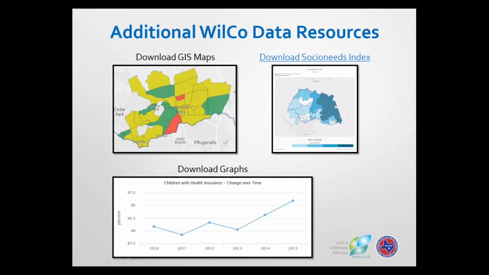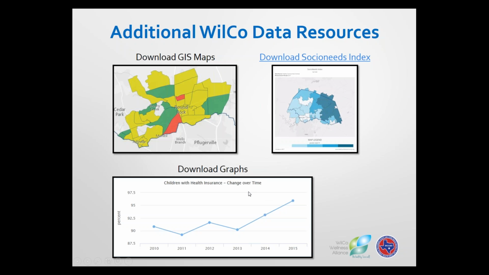So what are additional unique community features on the website? Like I mentioned, you can download maps. And so this is the 500 Cities data for Round Rock. And this is a very exciting data point for us. You can download the Socio Needs Index that Healthy Communities Institute, our vendor, has developed, which tracks needs across the county.